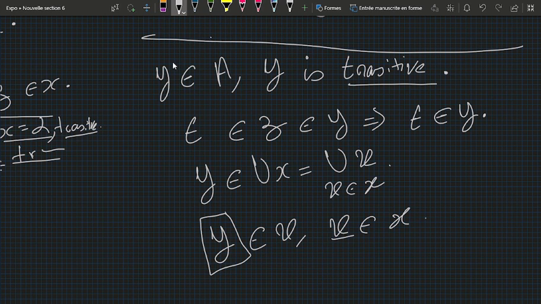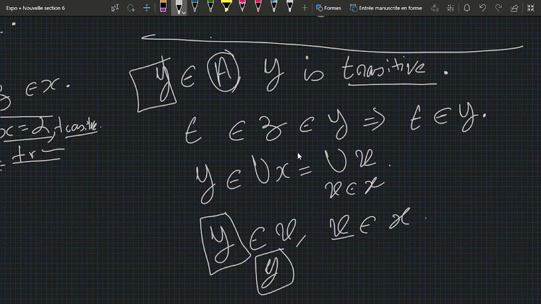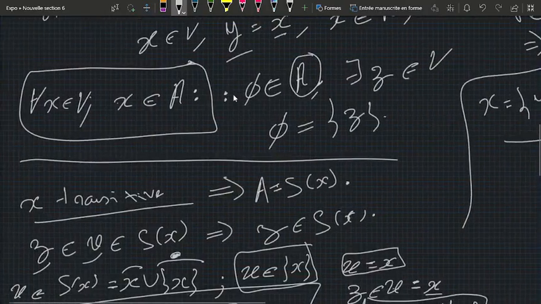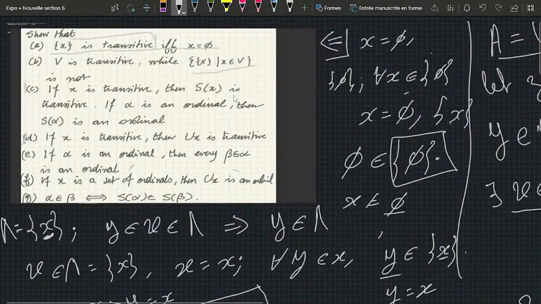So it's easy, I think. Y is transitive, and then the union is transitive also. All its elements are transitive. Then the union is ordinal. So that's it.